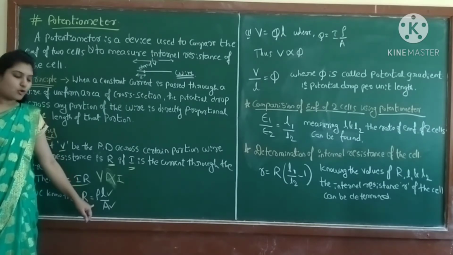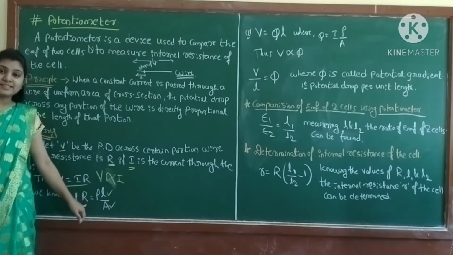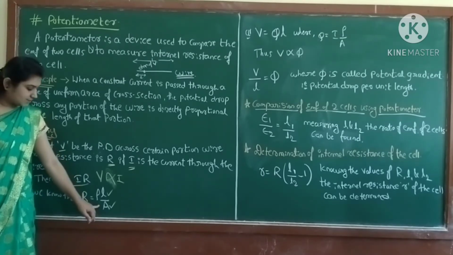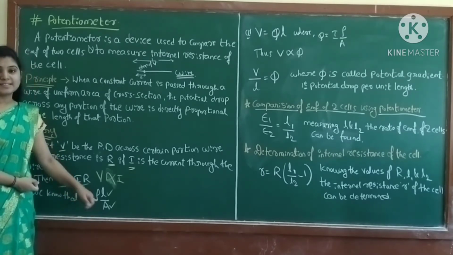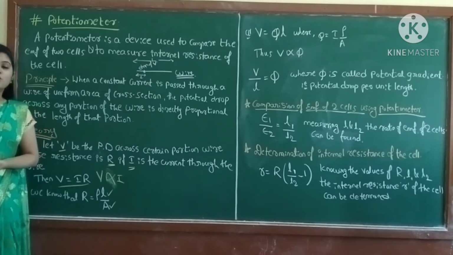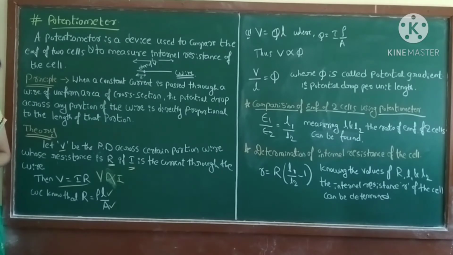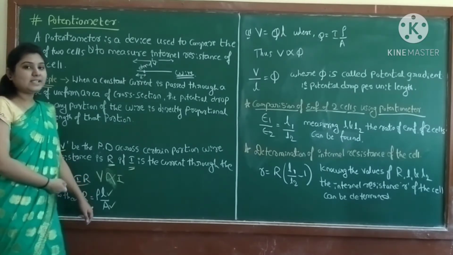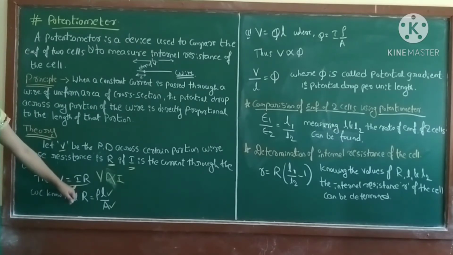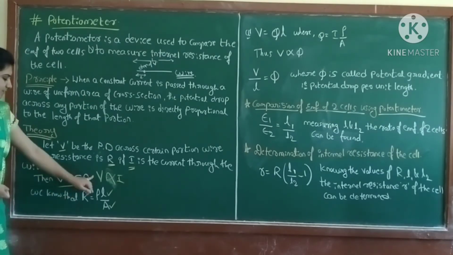So now we can write resistance as R is equal to rho, that symbol will be rho, into L by A. Then we can easily write now, see here, V is equal to IR. Just put the value of R in this equation.